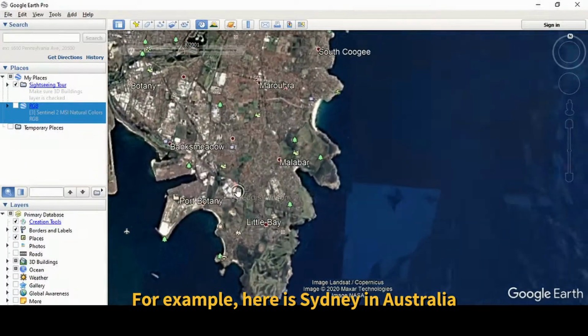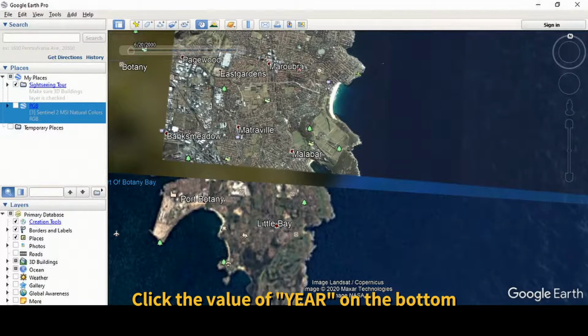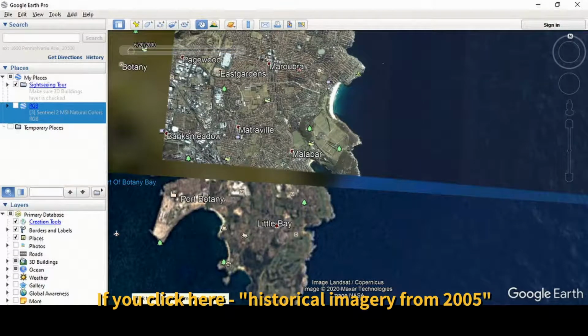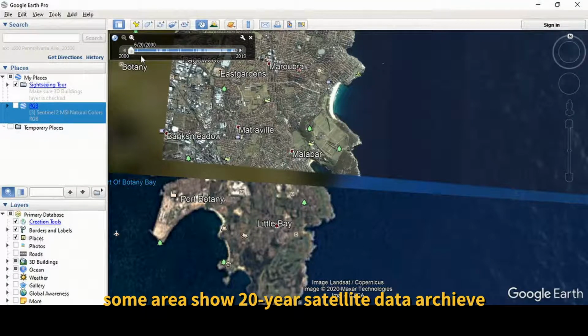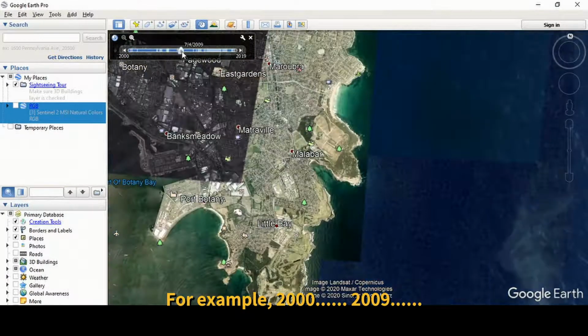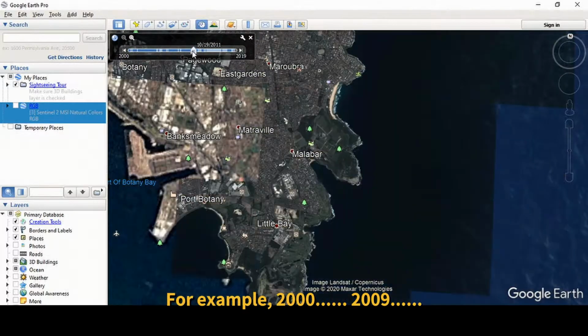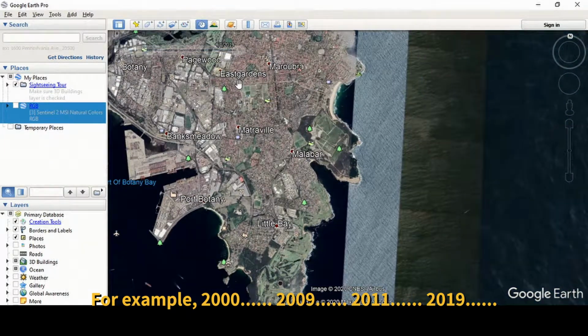So if we zoom in on the data, for example, if you click here, click to see historical imagery from 2005, but some areas, as I said, have 20 years of data archive. So for example, 2000 and 2009, 2011, up to recently.